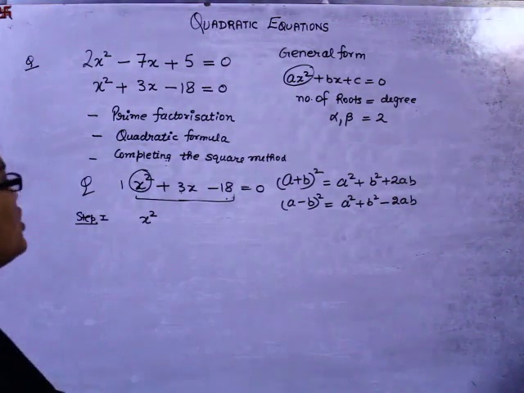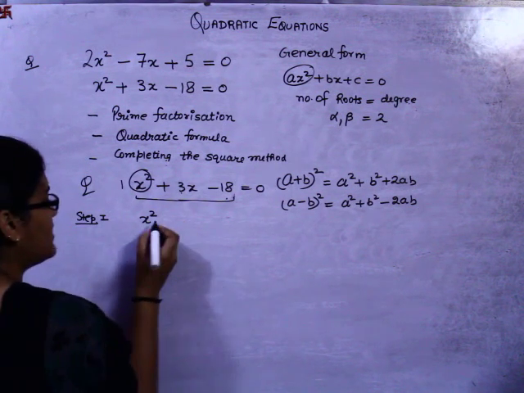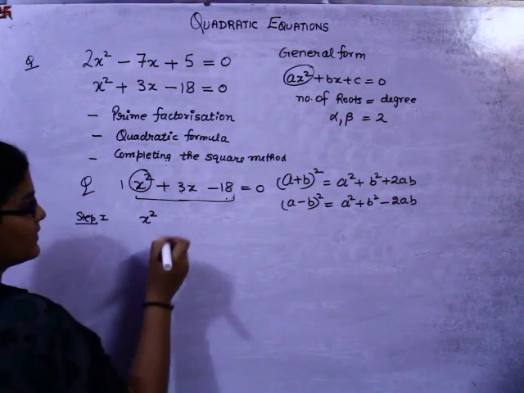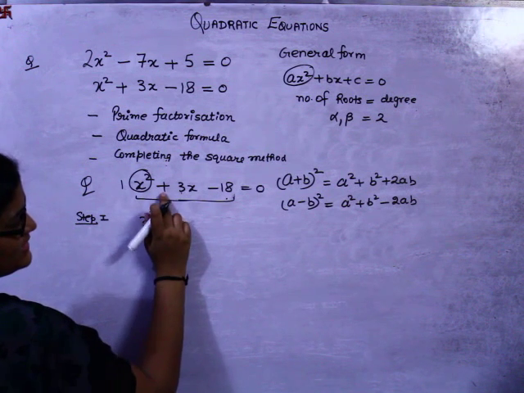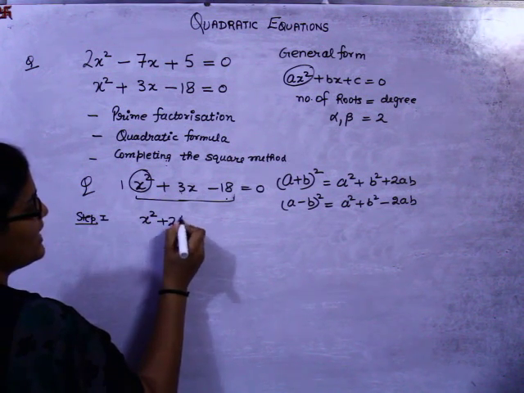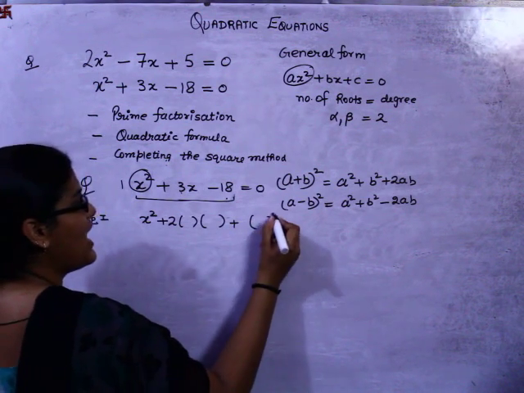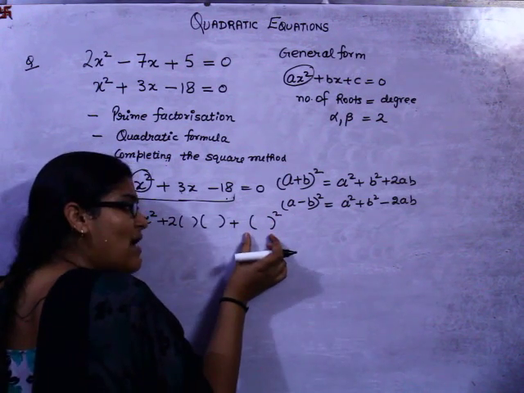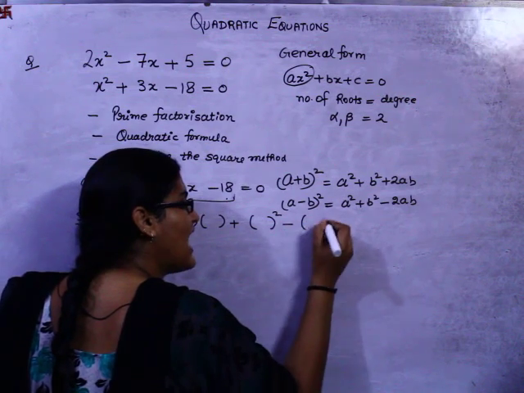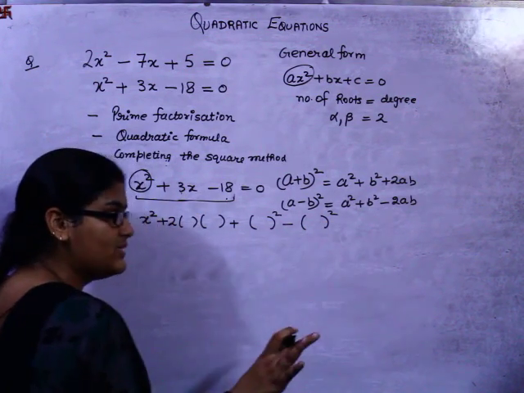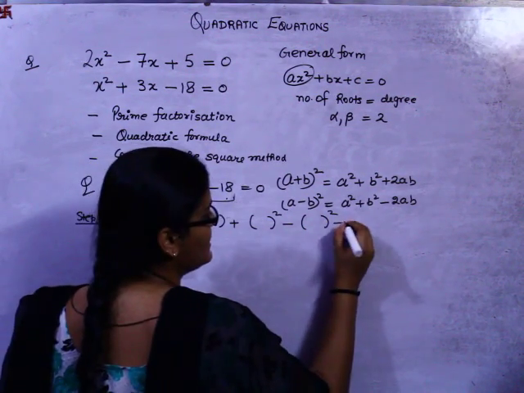Okay? So substitute it. This is a square. Now there is a plus sign, plus 2ab plus b square. What you have added here, you have to subtract that number only, always. And this remains as it is.